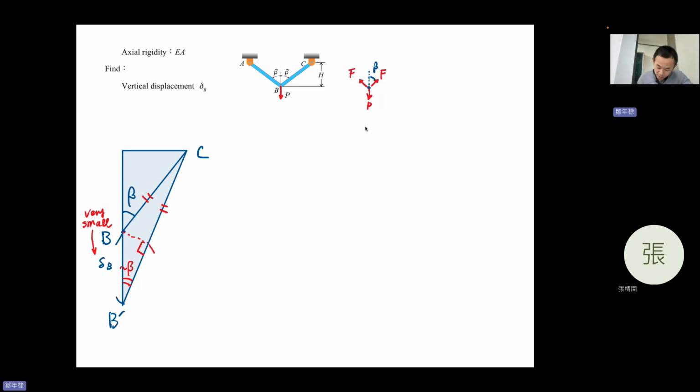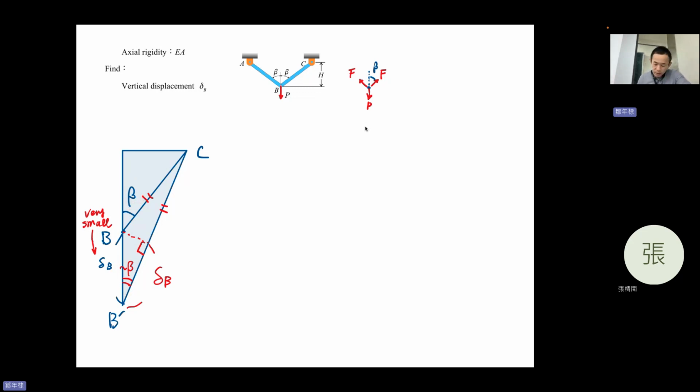But we know that this is delta BC. It's a little bit weird that although the length of the bar was changed, delta B and delta BC definitely, they are really, really small. So because they are very small, we can say this angle is approximately equal to beta.